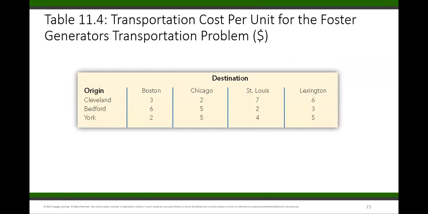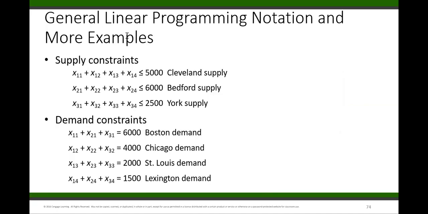And this is actually the cost table. If we write down the supply and demand constraint, for the supply constraint, the total amount shipped from each supplier, right? Anything that is coming out of origin 1, Cleveland, should be less than or equal to the total capacity of Cleveland.